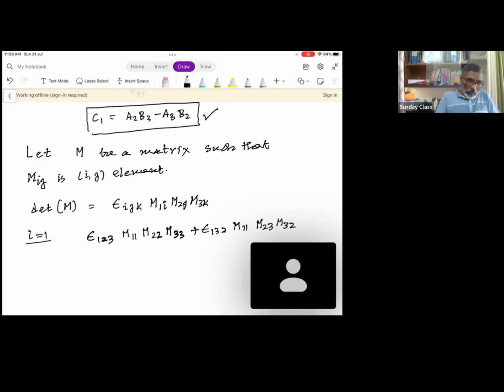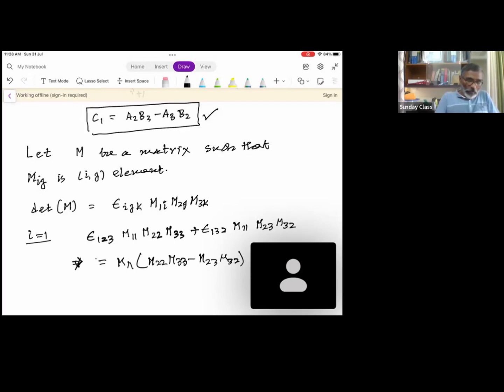Now this is nothing but M11 into M22, M33 minus M23, M32. So this is the first term, right? M11 into this.